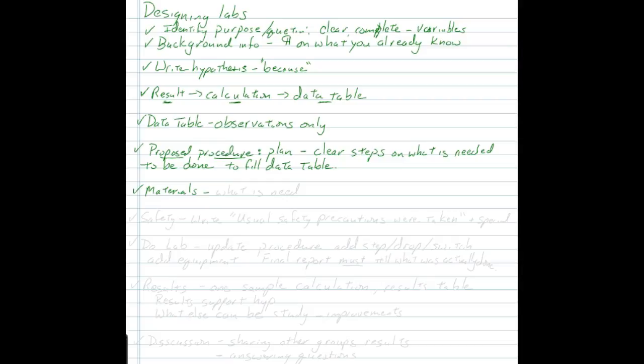So what is needed to do your plan. Here's where the pantomiming will be very helpful. The only thing you really don't need to write down for materials is water. Assume that we got water there.